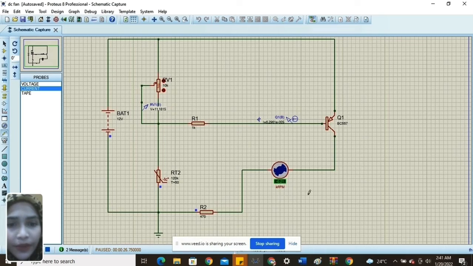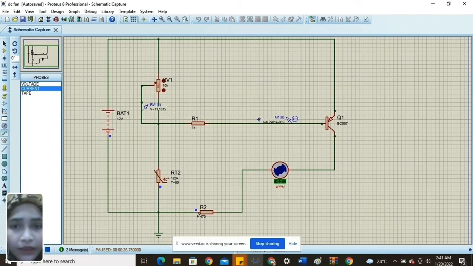So when the temperature is 50 degrees Celsius, the DC fan is on, since we set the DC fan to be on when the temperature is above 40 degrees Celsius. Therefore, the DC fan rotates at a low speed, which is 0.21 kilo RPM, which is equivalent to 210 RPM.